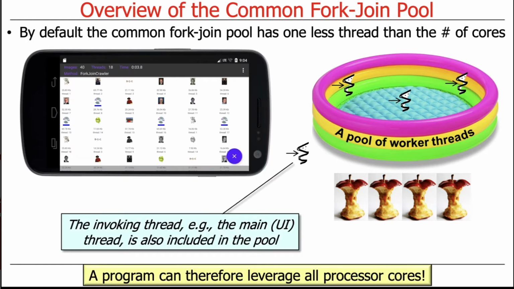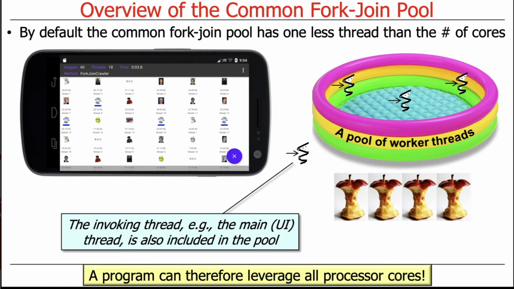The reason why it's always one less than the number of cores is because the invoking thread, that is whatever thread is going to be calling the method to invoke the common fork join pool, will also be included in the pool. So it basically borrows the invoking thread and uses that.